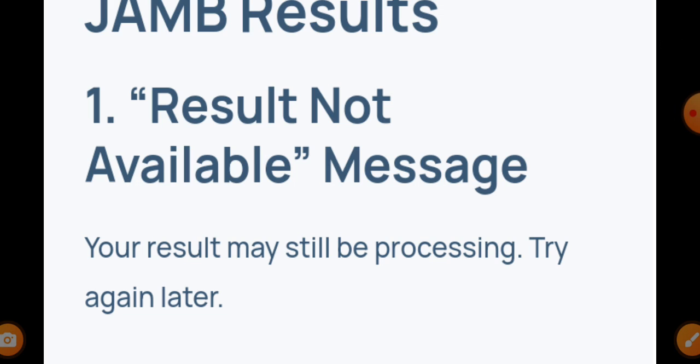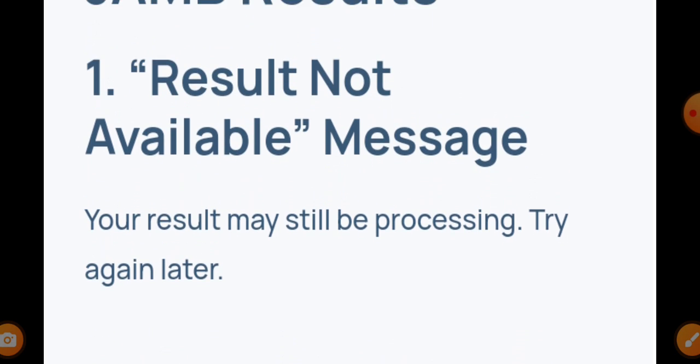So "result not available" means that the result is not yet released by JAMB. Your result may still be processing, so maybe you try it two times today, and if it doesn't go, you can try it tomorrow, in the morning, in the afternoon, and at night.